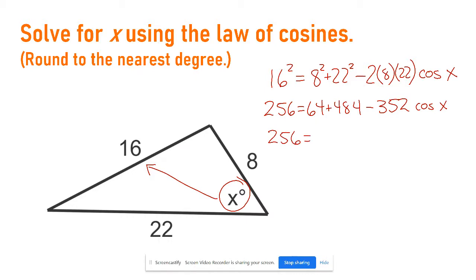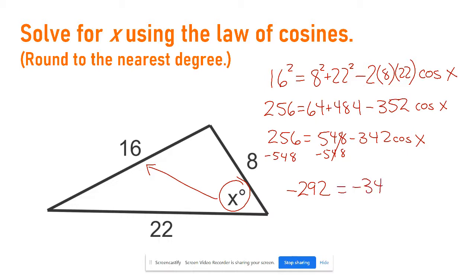This ends up being 548. I'm going to subtract the 548 from both sides. What I end up with here is negative 292. When I subtract that, cancel that out, I have negative 352 cosine of x.